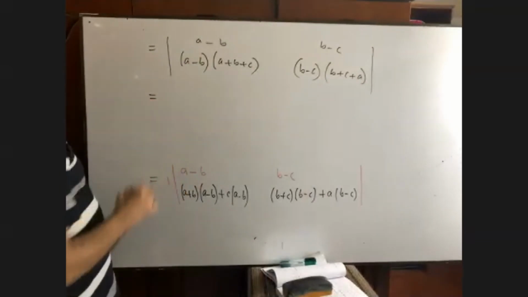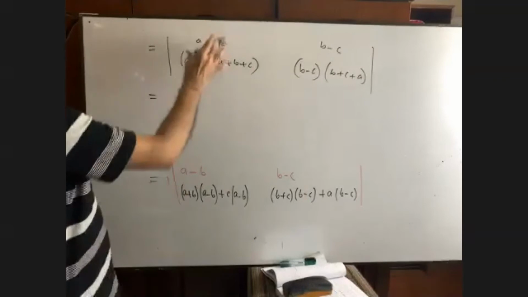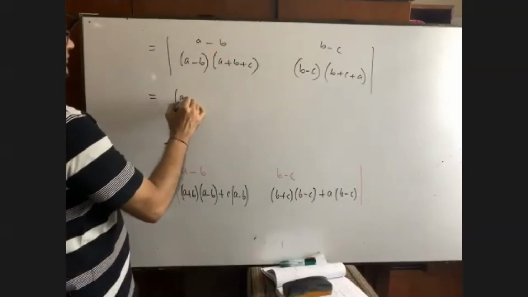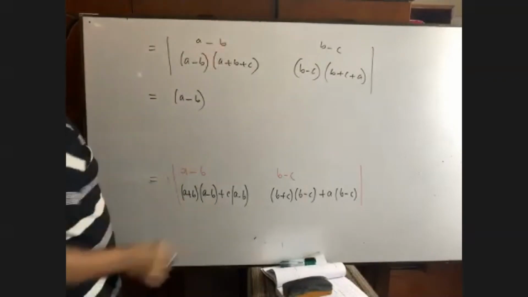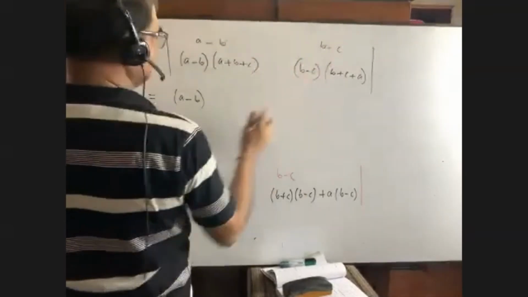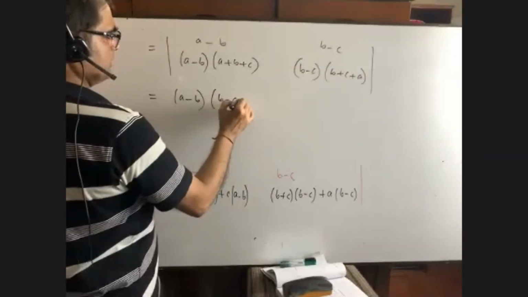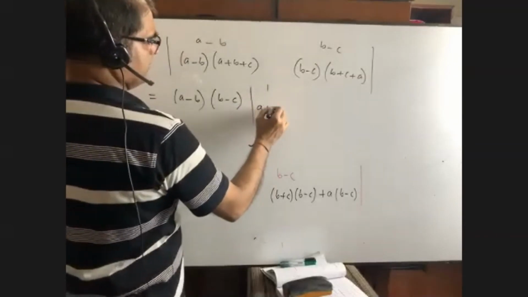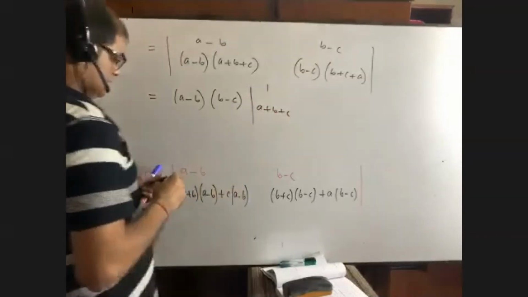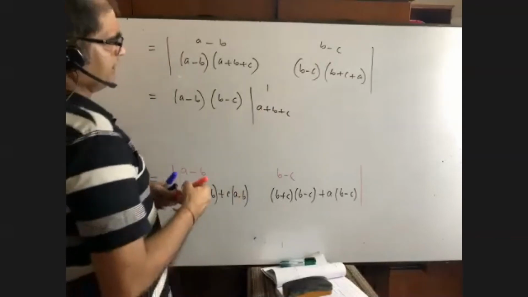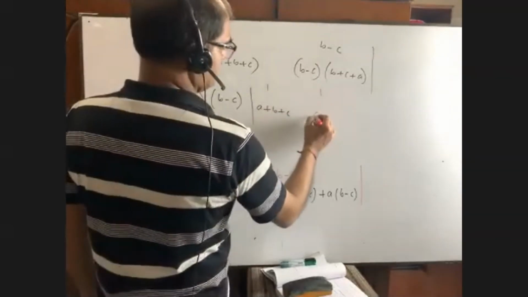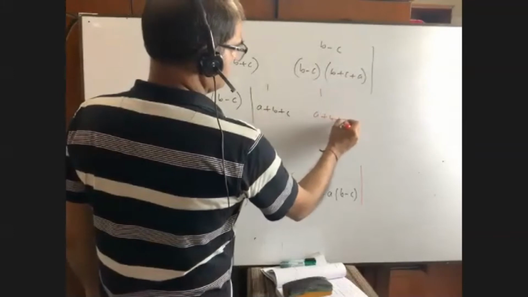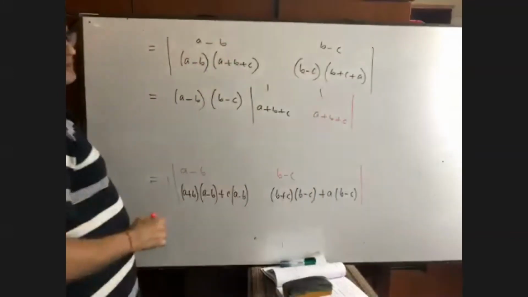What is happening here? I can take a minus b common from the first column, and b minus c common from the second column. That is 1, a plus b plus c, and here again 1, a plus b plus c. Please try to understand.